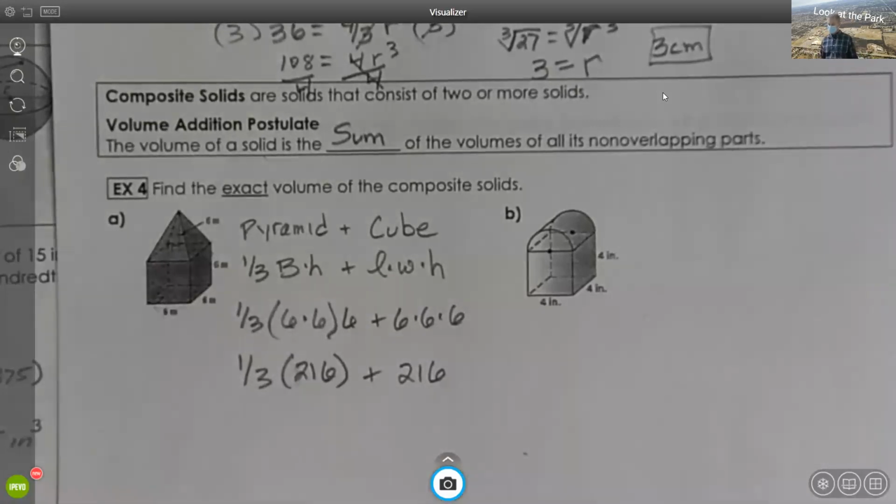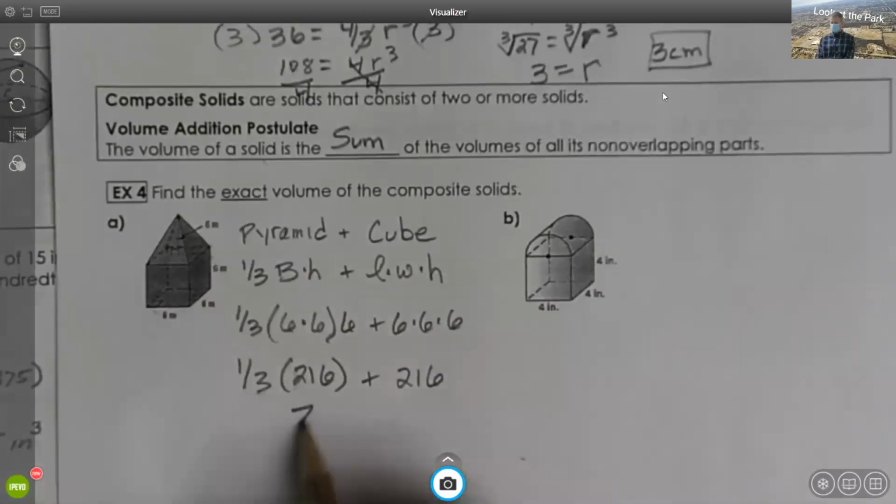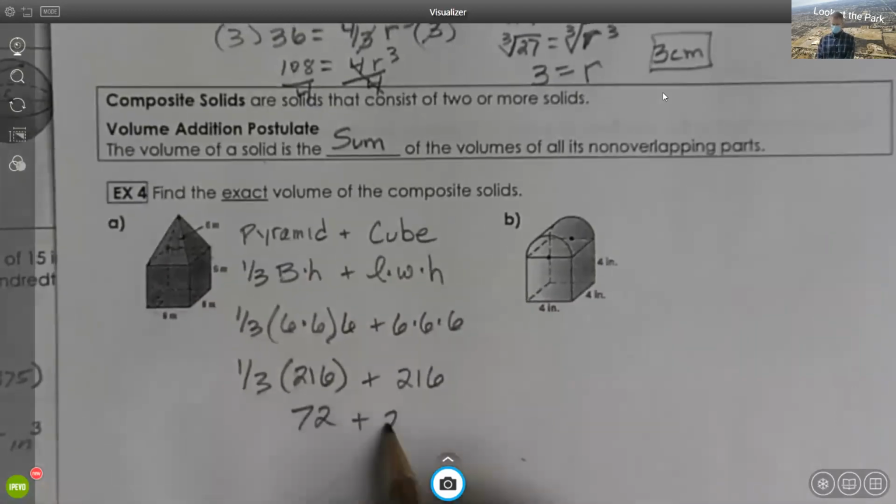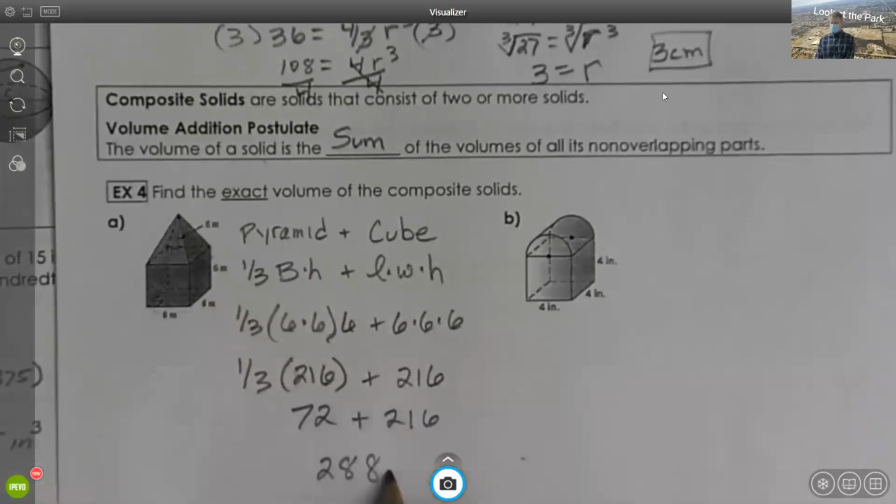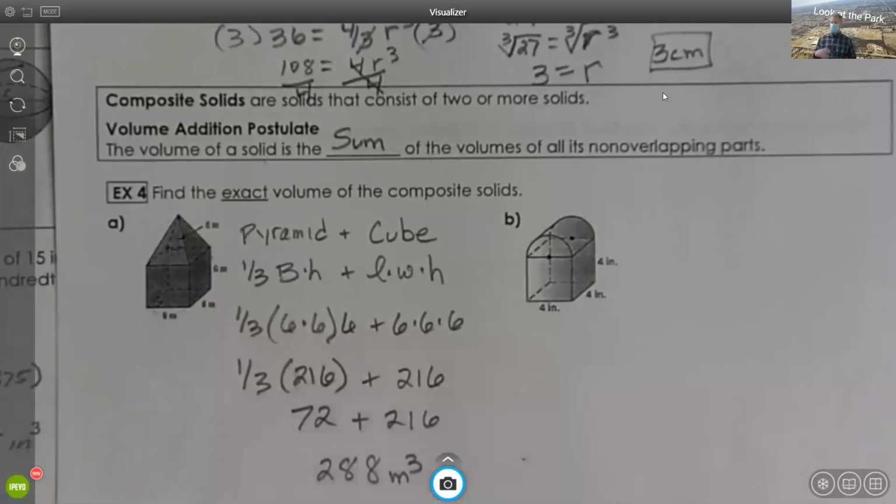Since 9 is divisible by 3, this is a fun trick to know that 216 is divisible by 3. And that'll go into there 72 times. So we get 288 meters cubed when you add those 2 solids together. So this is called a composite solid because we have 2 solids that we're adding together.